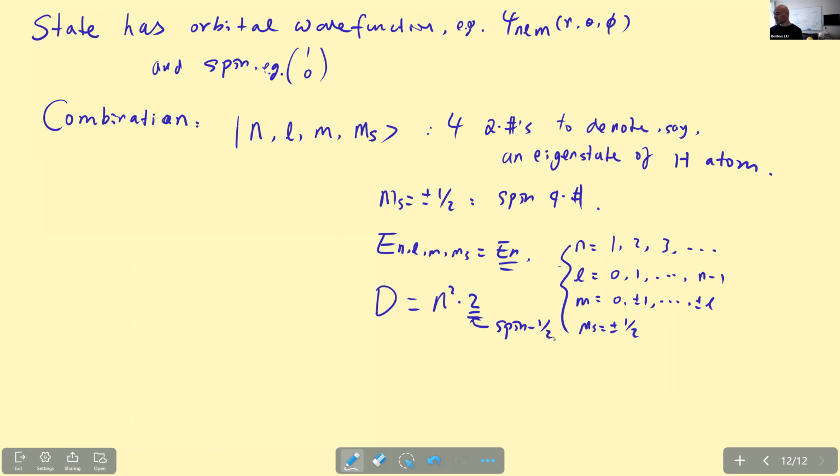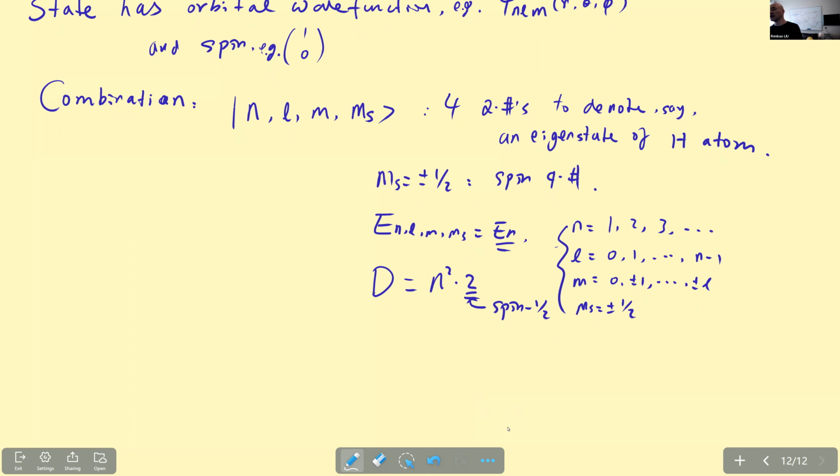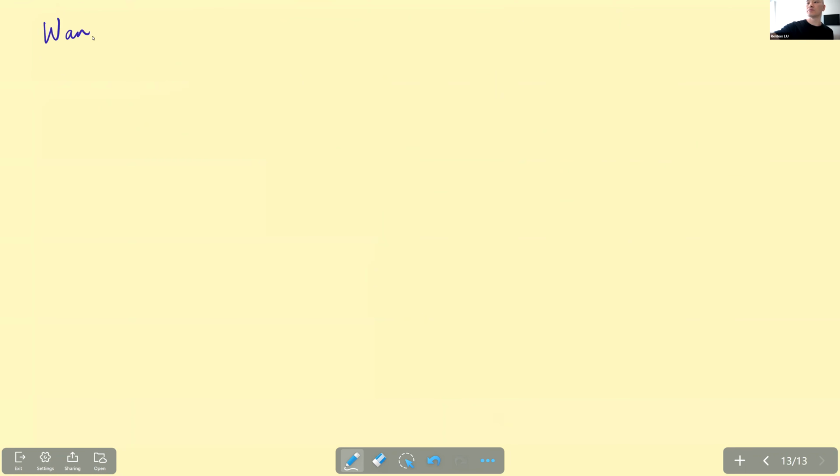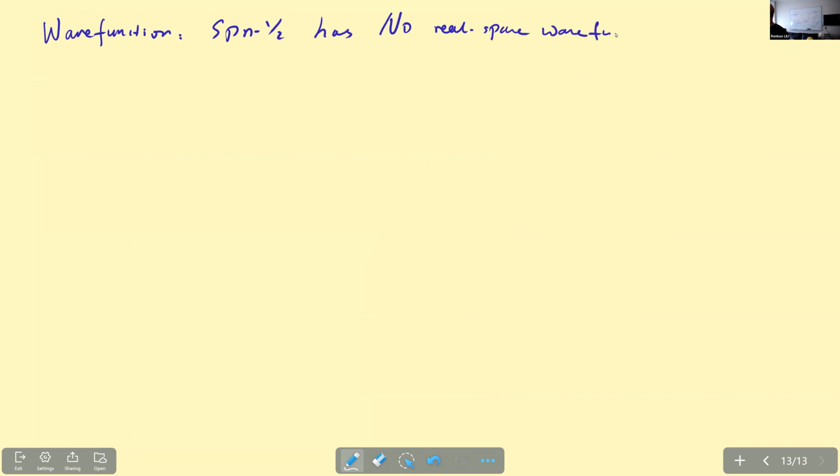So if you really want to write this in a wave function, okay, remember the spin half has no real space wave function. So you cannot write down, for example, m_s equals psi_{m_s}(x, y, z), okay?